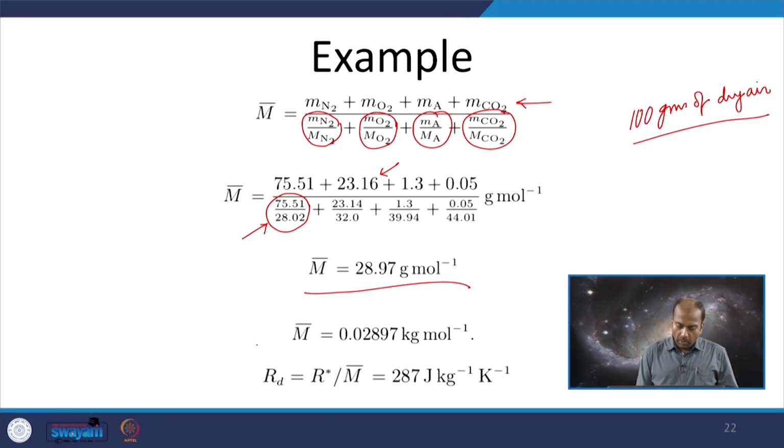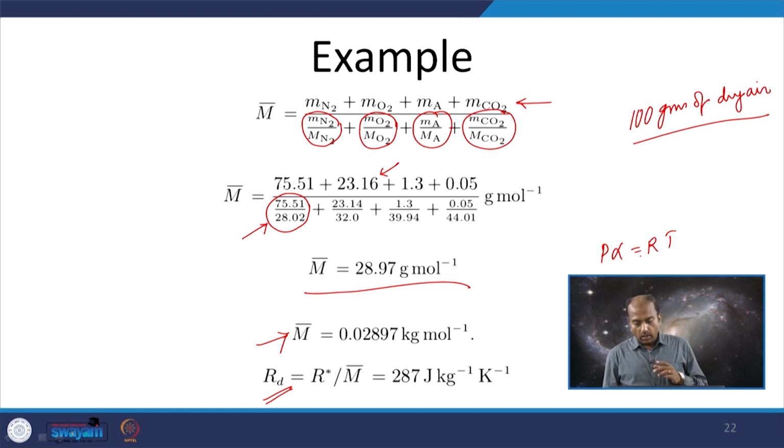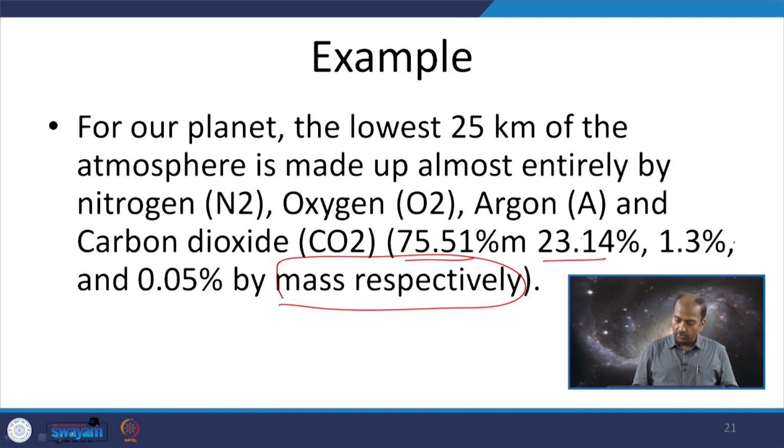Now if you know the mean molecular weight, you can simply calculate the specific gas constant of dry air. If you want to use P alpha equals RT, but not R star T, that means your gas constant is specific to this combination, these percentages.